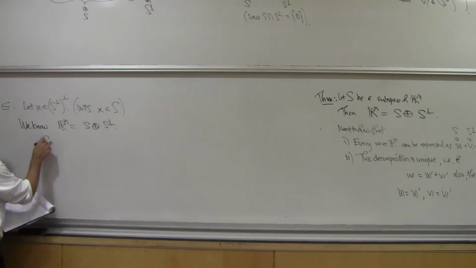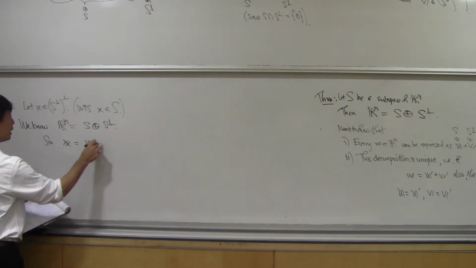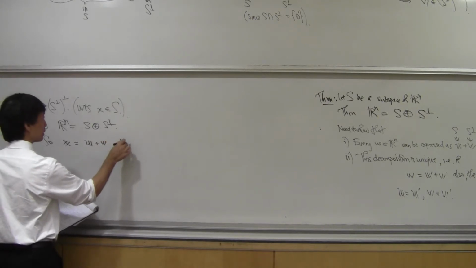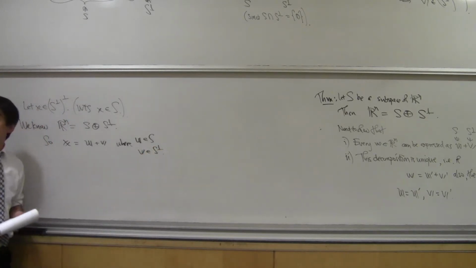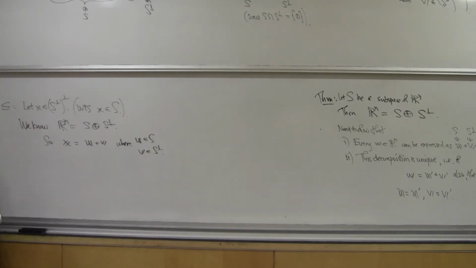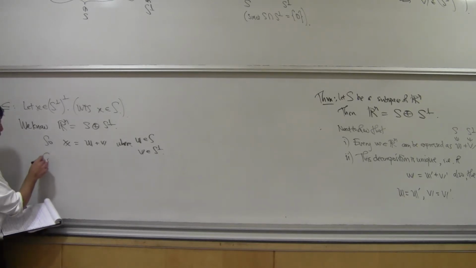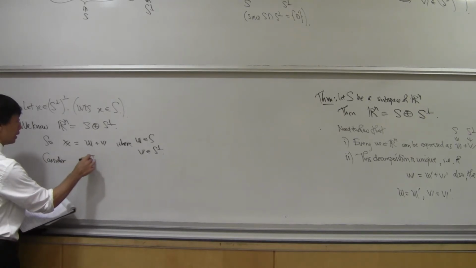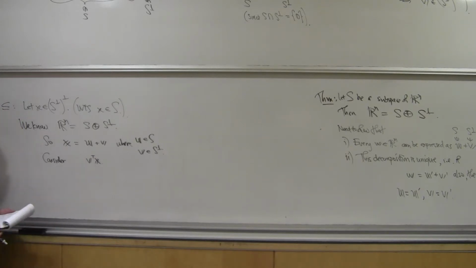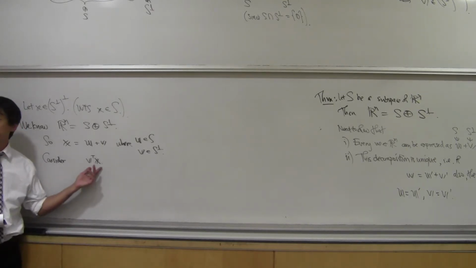So X can be written as U plus V, where U is in S and V is in S perp. Now consider the dot product of V against X. What's the dot product of V against X?